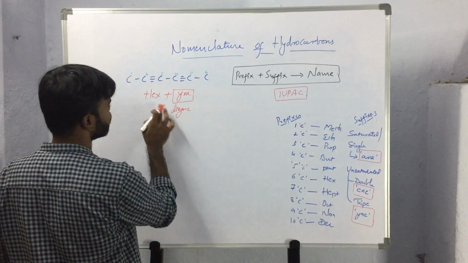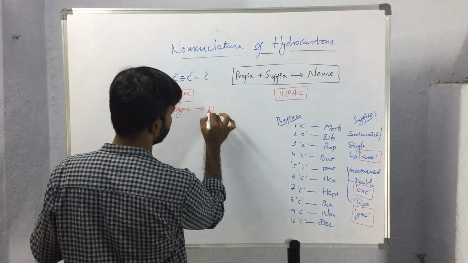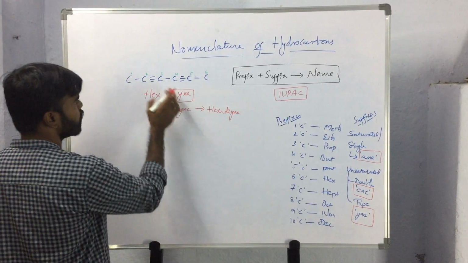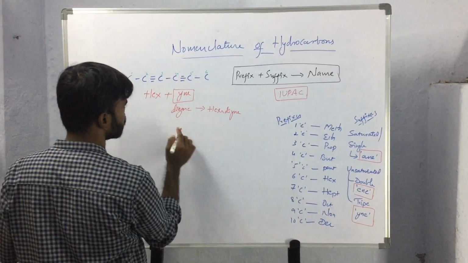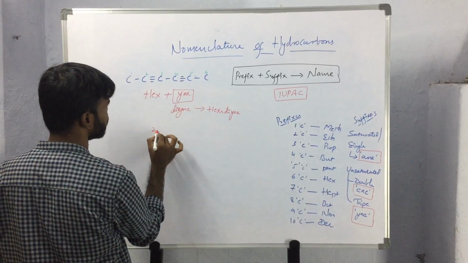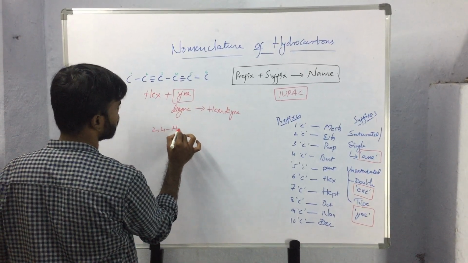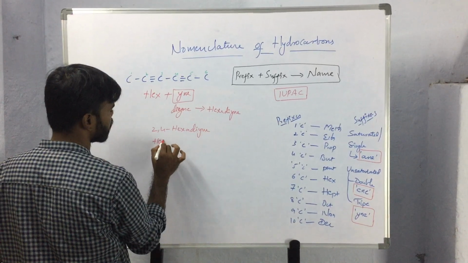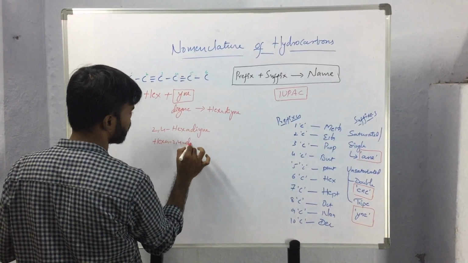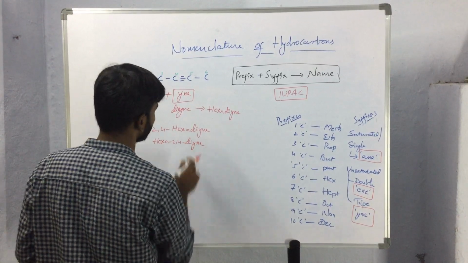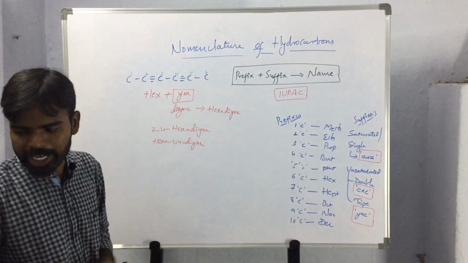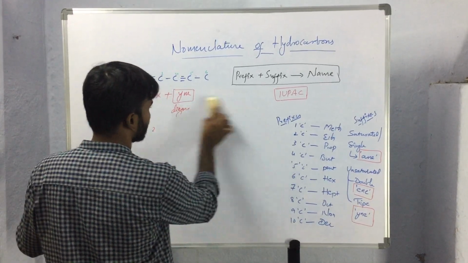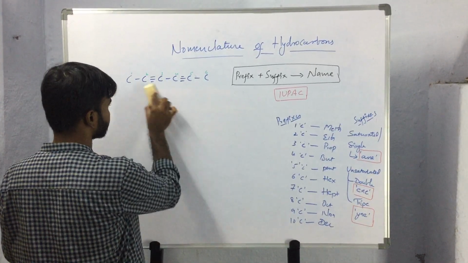So the name will be hexadiyne. We have to designate the positions also. That's why the name of the compound will be 2,4-hexadiyne, or hexa-2,4-diyne. Like this we will be naming the multiple unsaturations. So what will we do in case of combined unsaturations?